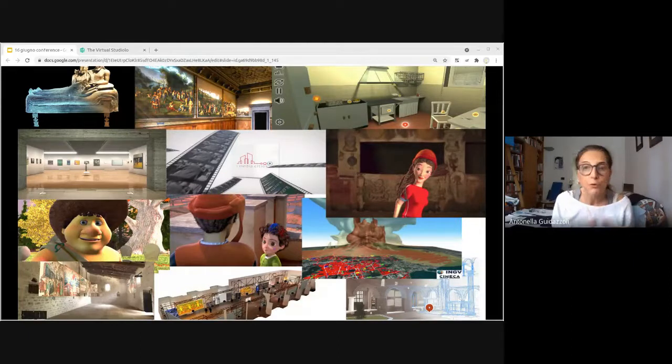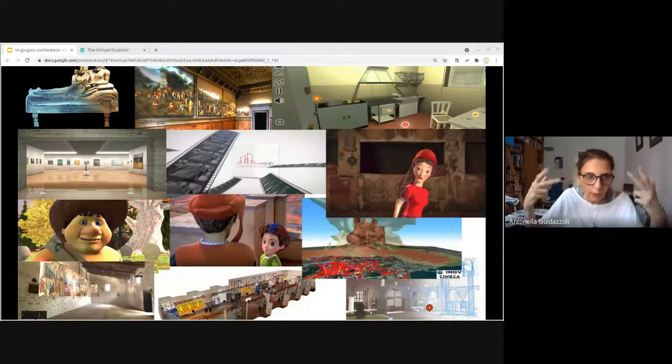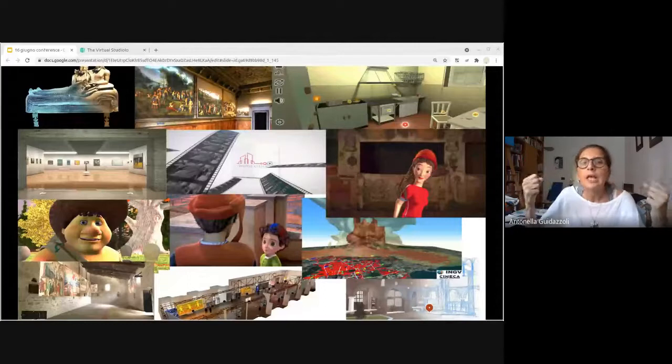And moreover, another important area now is the creation of digital ecosystems, open frameworks with open data and the open innovation principles that I think are very interesting for the field of cultural heritage.